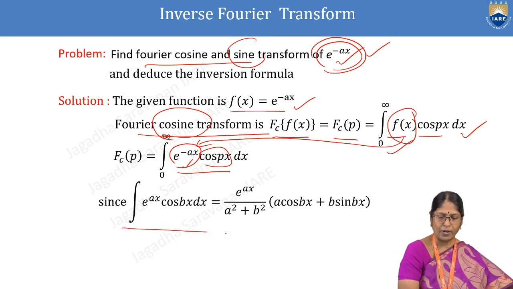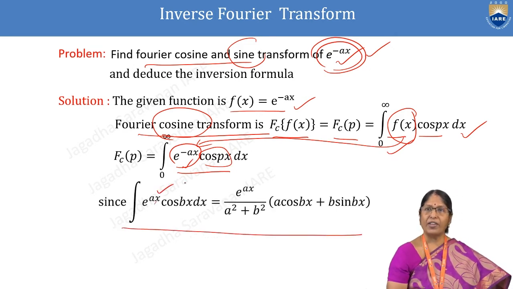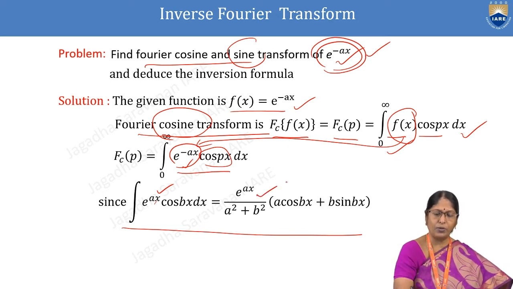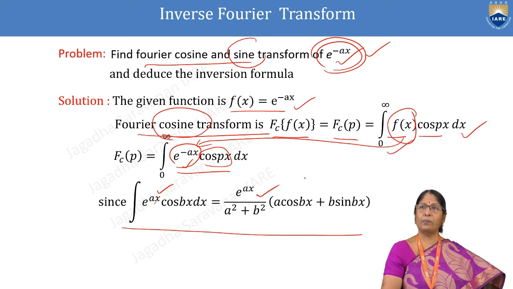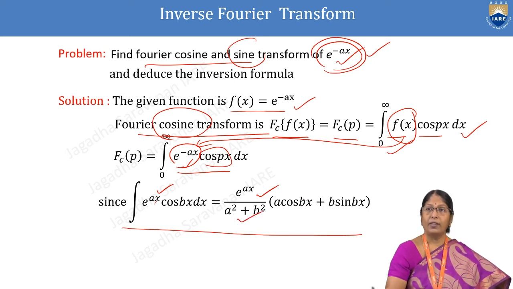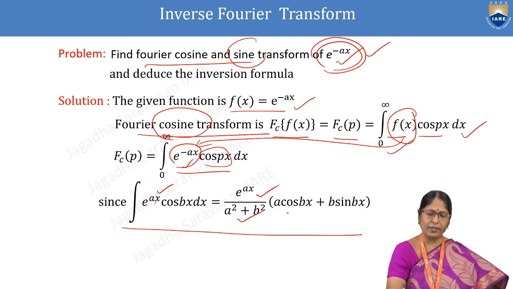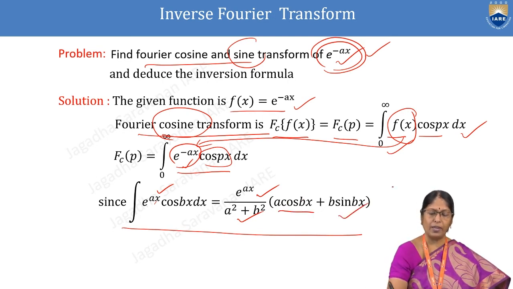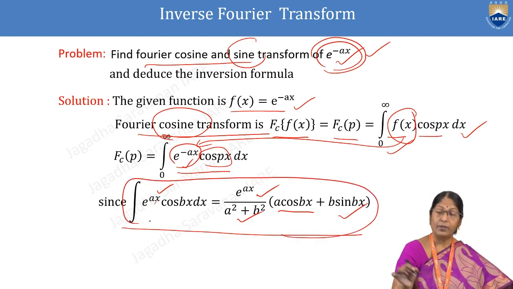This is the formula: the integral of e power ax cos bx dx equals e power ax by a square plus b square, times a cos bx plus b sin bx. The formula is written here.